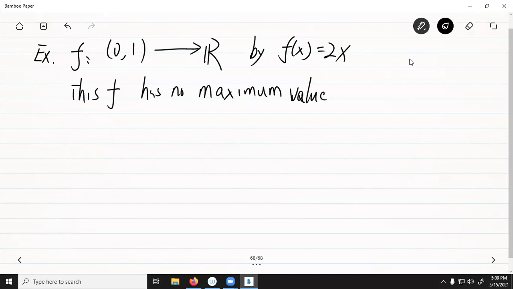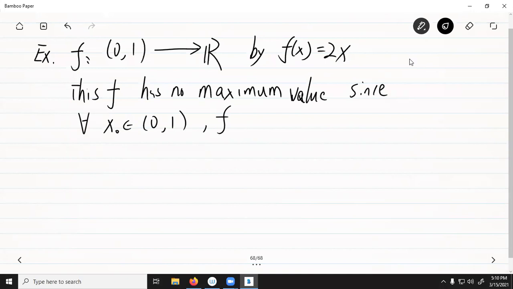Why? Since for any x0 in the domain (0, 1), because f is equal to 2x, 2x is an increasing function.